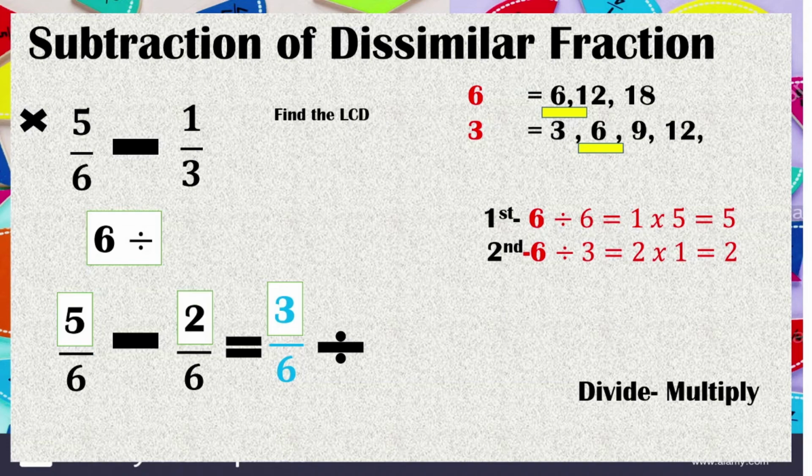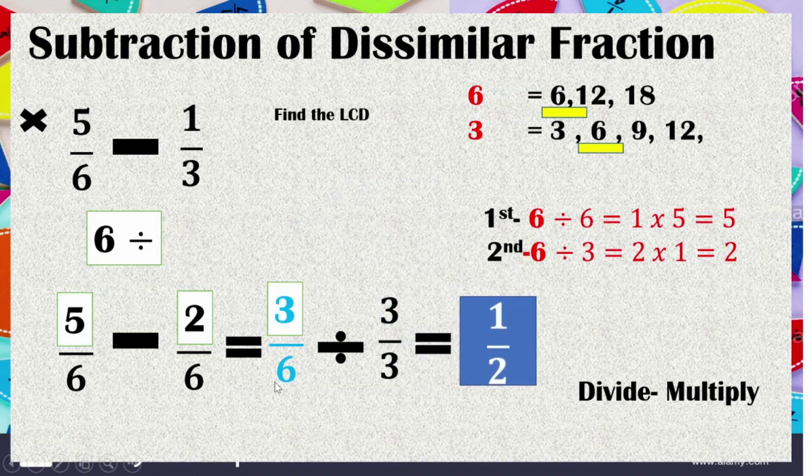Saan natin pwedeng i-divide si 3 and 6 para makuha natin ang lowest term? Sa 3. So, 3 divided by 3, yung numerator, equals 1. And 6 divided by 3 is 2.